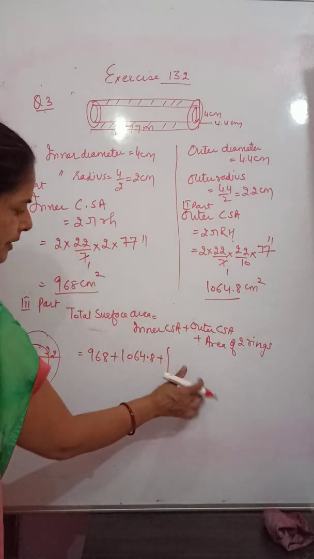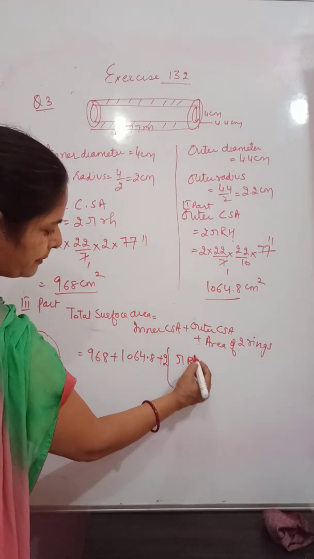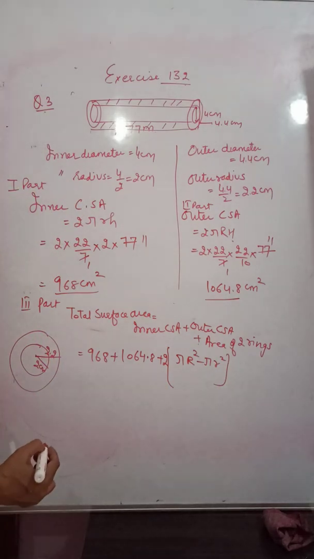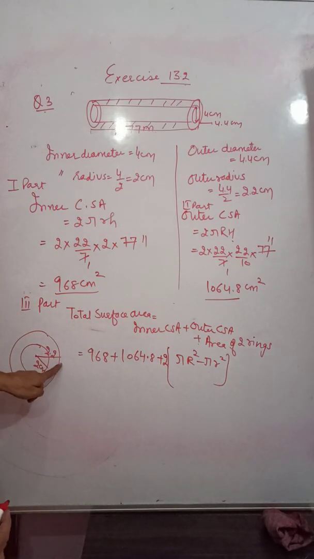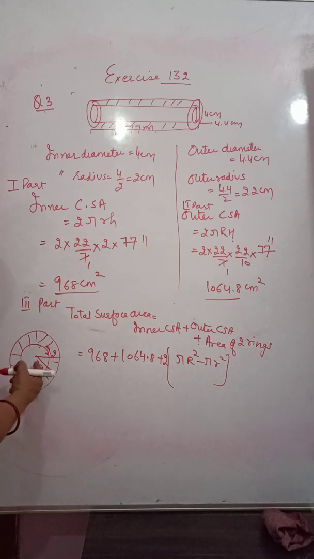It will be 2 because there are two rings. Pi capital R square minus pi small r square. Outer circle minus inner circle. We will be finding this. Outer circle is pi into R square, inner is pi into r square, 2 square.